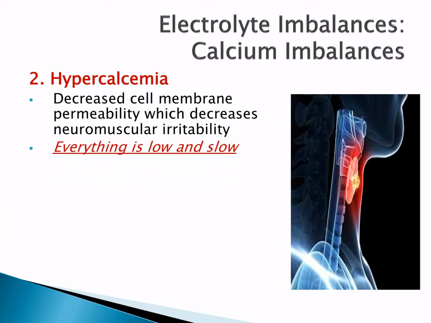So the same signs and symptoms as with your hypokalemia, decreased potassium in the blood. So the causes are calcium loss from the bones. So meaning the calcium from the bones goes to your bloodstream, your blood vessels. So that would increase your calcium in the blood.